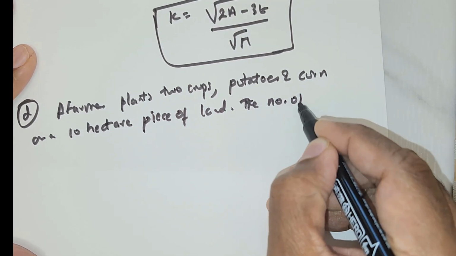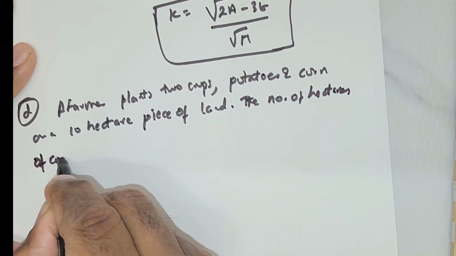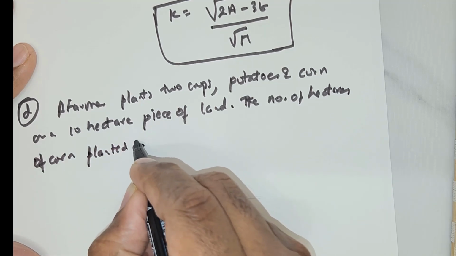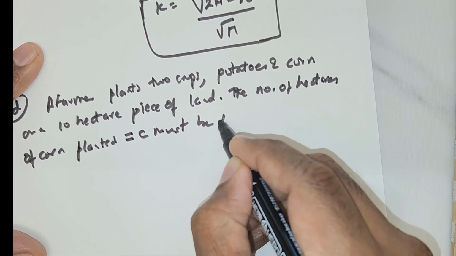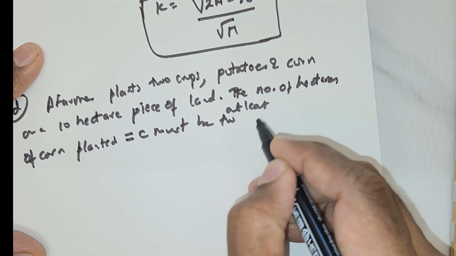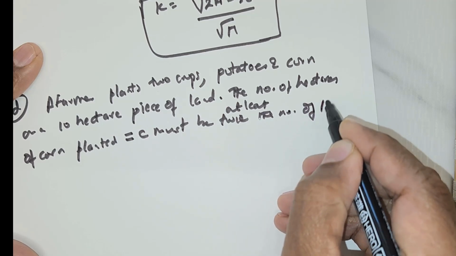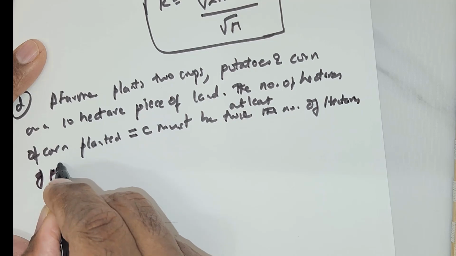The number of hectares of corn planted, as C, must be at least twice the number of hectares of potatoes.